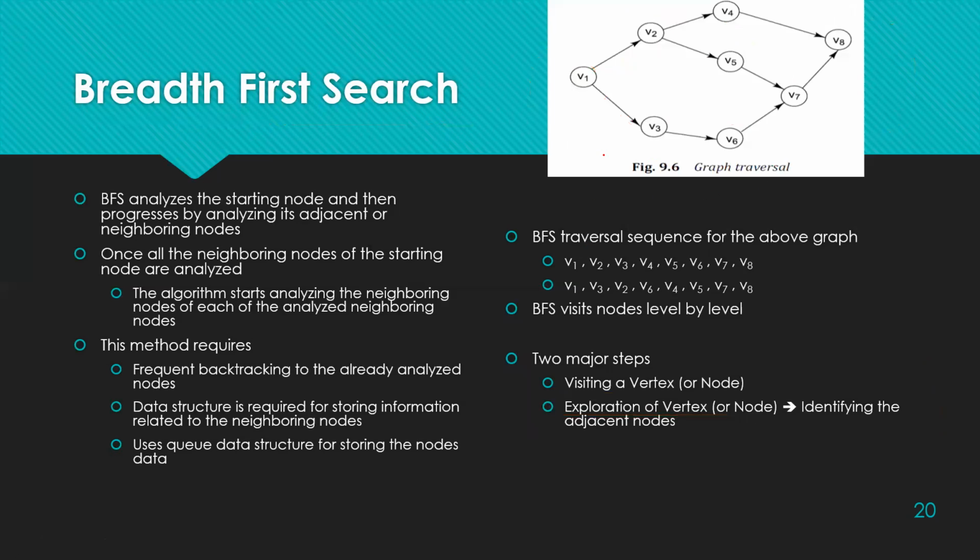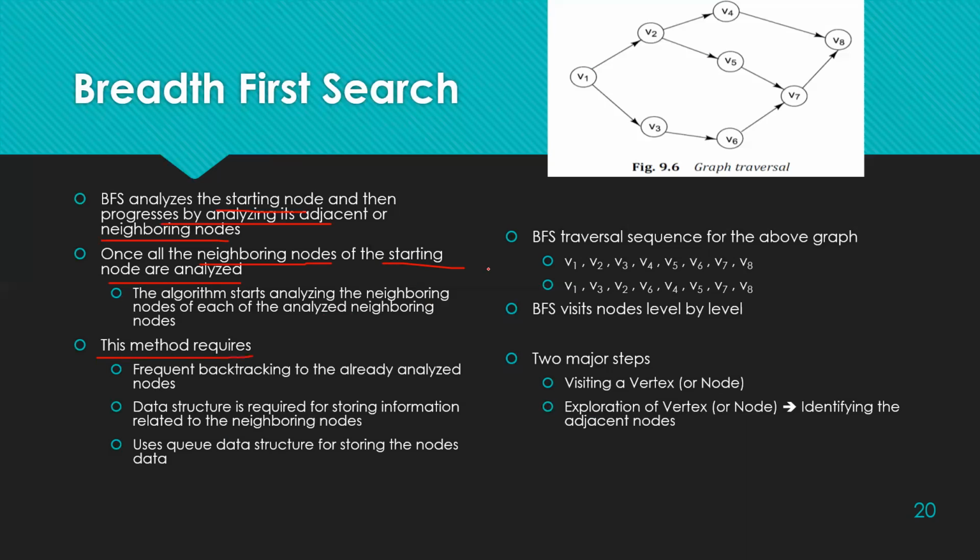You start with one of the nodes and then analyze its neighbors. From the starting node, you realize who the adjacent or neighboring nodes are. Once that is done, you consider one of the neighboring nodes and again start the analysis for that node. You continue this until you visit all the nodes present in the graph.